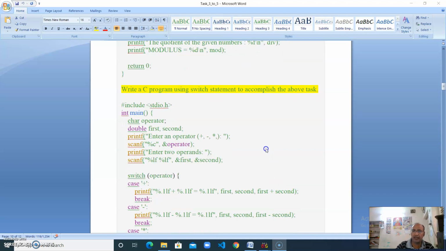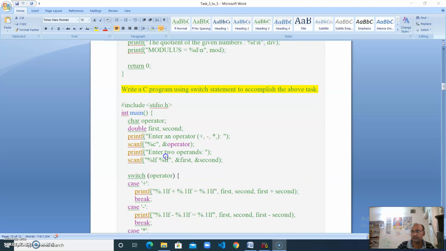Okay. Now, char operator, double first operand and second operand. Enter an operator, scanf percentage c for the operator. How to take that operator, whether plus or minus or multiplication or division, whatever the operator.